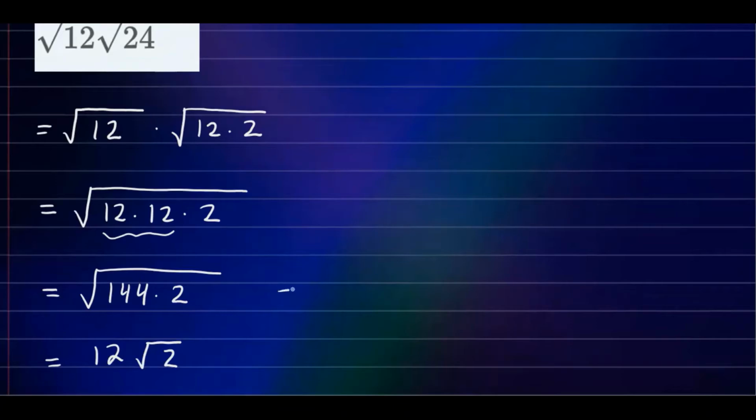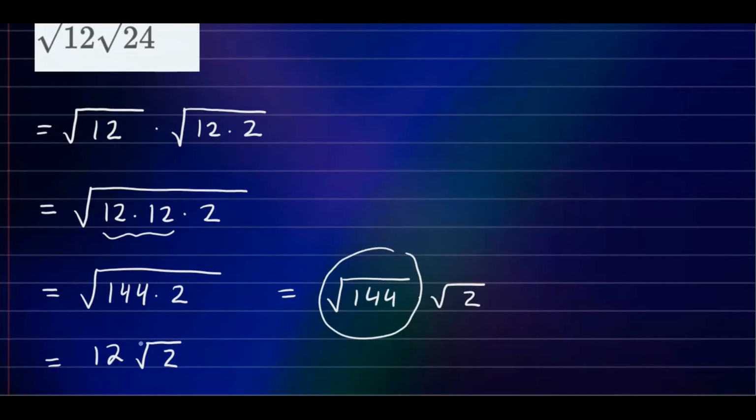In other words, I can rewrite this using the properties of radicals as the square root of 144 times the square root of 2, and then the square root of 144 simplifies to 12. That's how we get 12 root 2. So that will be our answer for this problem. Now let's take a look at the next one.